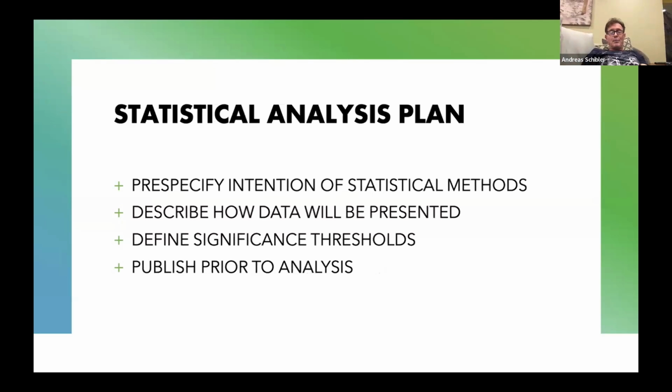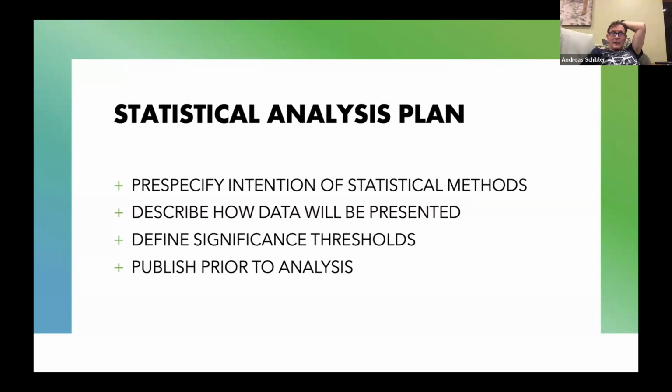Another component that came in over the last maybe 10 years is that the big trials and the good trials now need to have a statistical analysis plan, which is different from the protocol. In the statistical analysis plan, you need to mention the statistical methods and the thresholds for positive or negative findings before you lock the data.